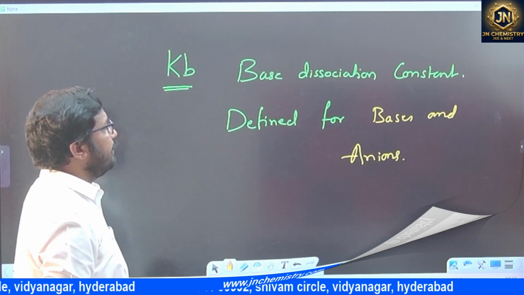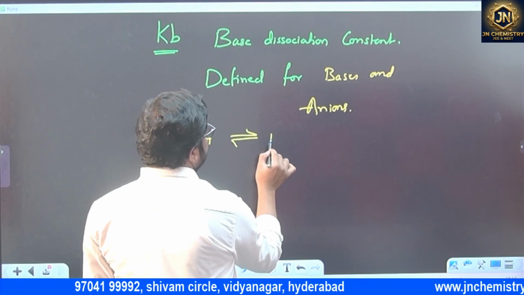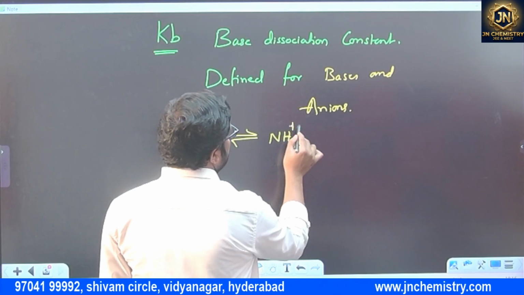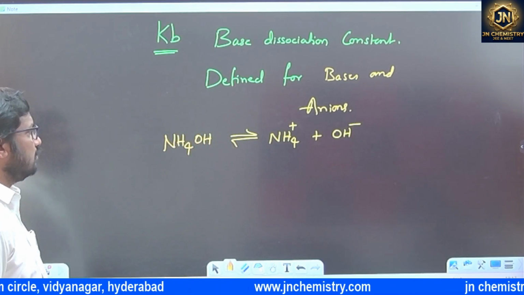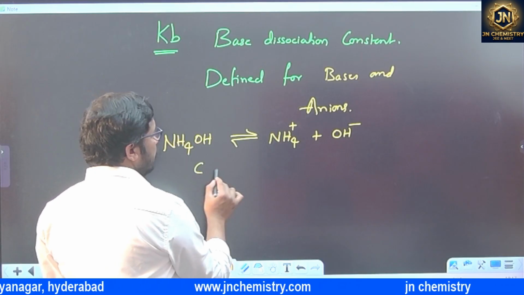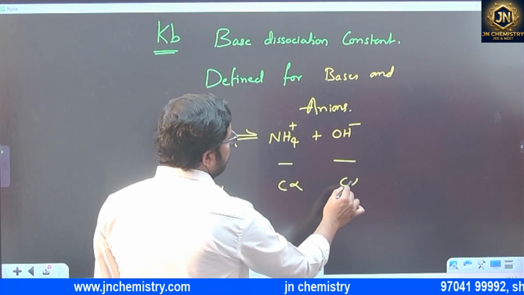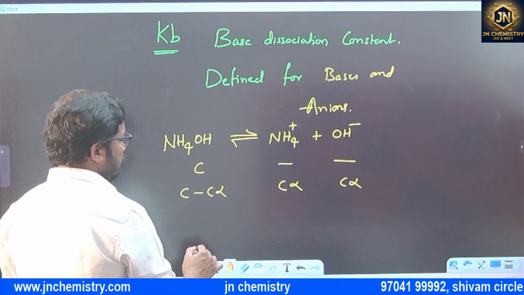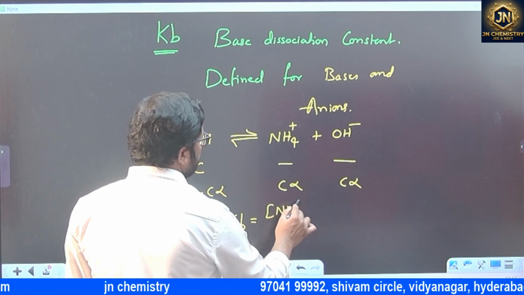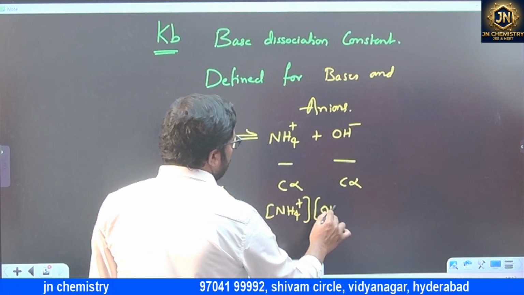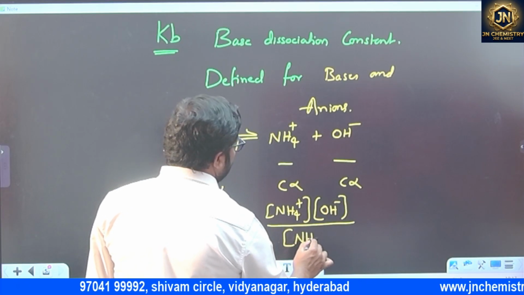NH4OH gives rise to NH4 plus and OH minus. Generally we take C minus C alpha, C alpha, C alpha like this. So Kb is equal to NH4 plus concentration times OH minus, divided by NH4OH concentration.